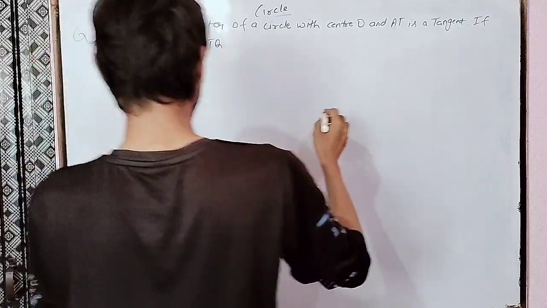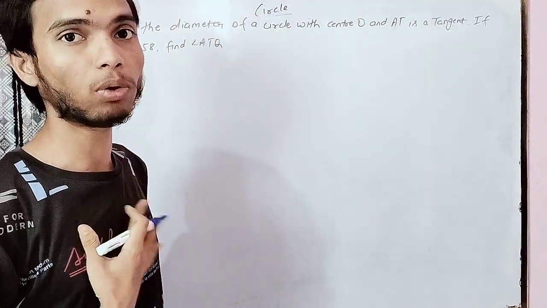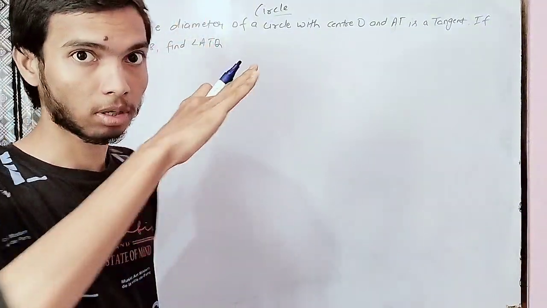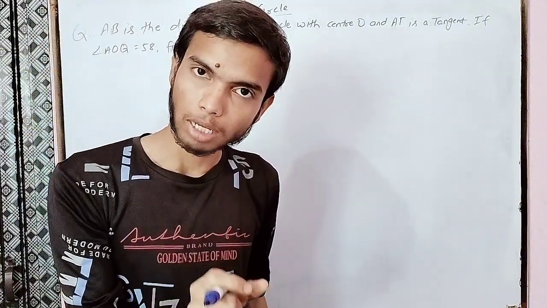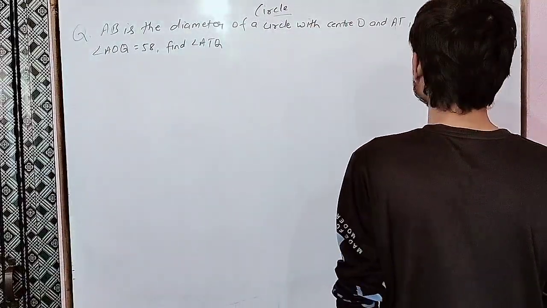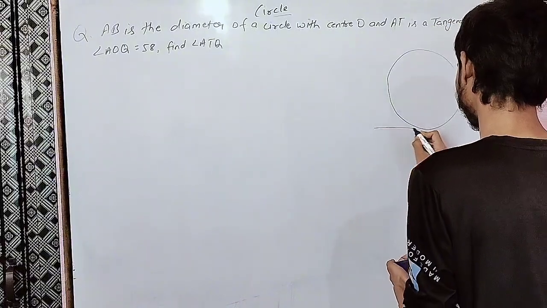Now this is the question, and the figure is given with the question. You don't need to think about how to draw the diagram. The diagram is already given. So here there is a circle, there is a tangent.